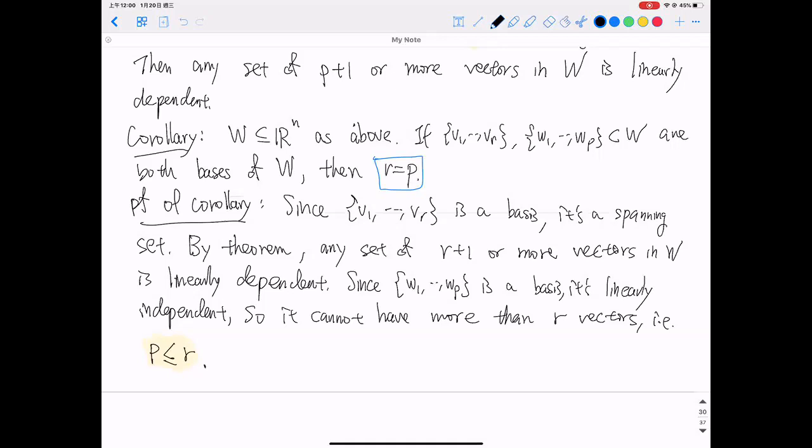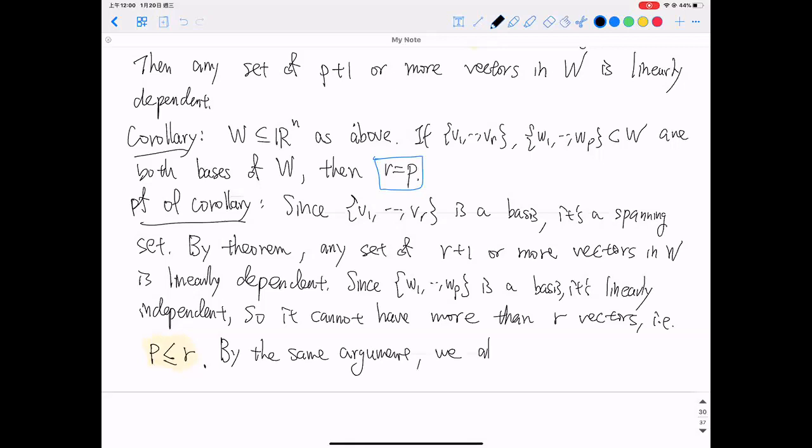Now, if you interchange the roles of the V's and the W's and run this argument again, you will get the other inequality by the same argument.